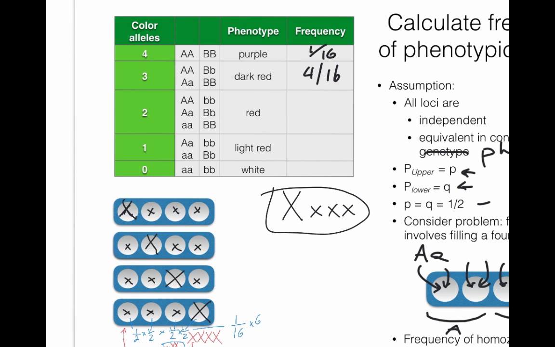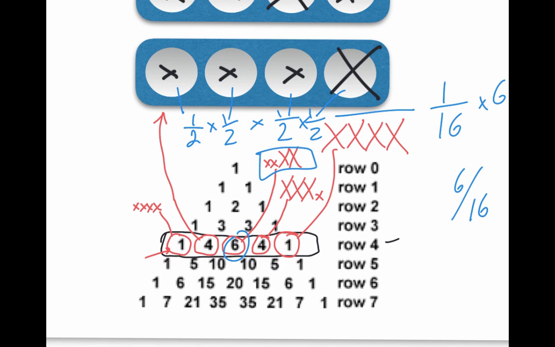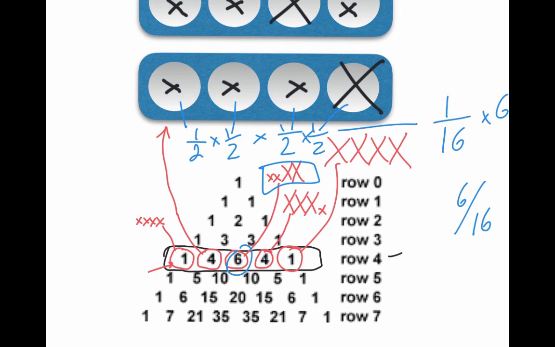The one with 2 is 6 out of 16. Then 4, and then 1 out of 16. So we have determined all the possible frequencies. Now, how would you do it if you have to go for 3 loci? You have a pod with 6 different slots. So we would have to take this one.